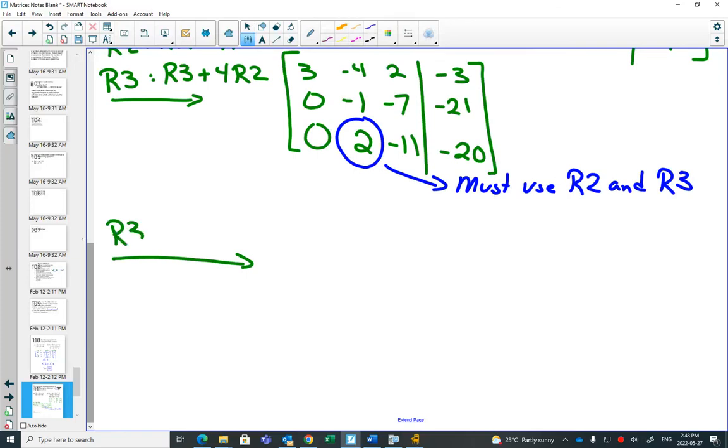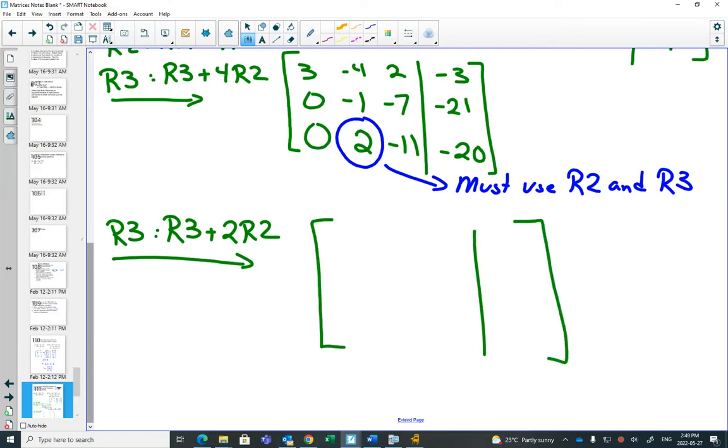So now in my next step, I want to change row 3. I have to use row 3 and row 2. It'll be row 3 plus 2 row 2s. 3, negative 4, 2, and negative 3. 0, negative 1, negative 7, and negative 21.